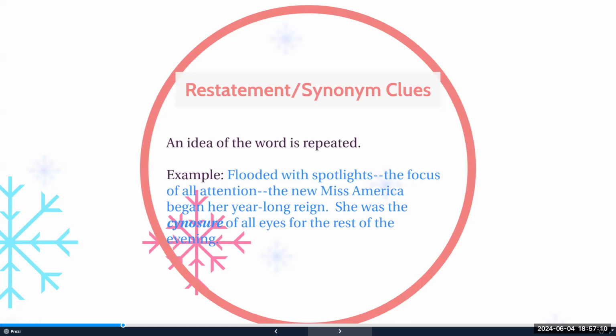So for example, flooded with spotlights, right? This is our sentence: flooded with spotlights, the focus of all attention, the new Miss America began her year-long reign. She was the signature of all eyes for the rest of the evening.